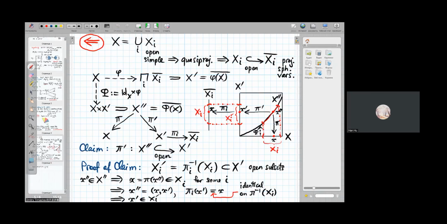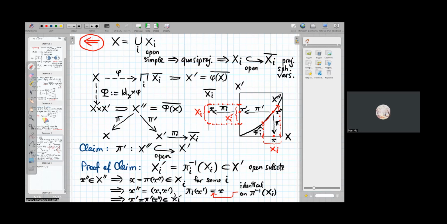Because for each point in x double prime, we proved that its projection, this x prime, is exactly the projection pi prime of x double prime, and it belongs to this open subset xi prime for some i.